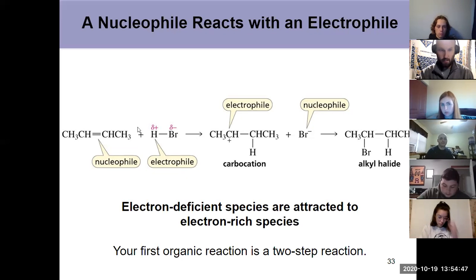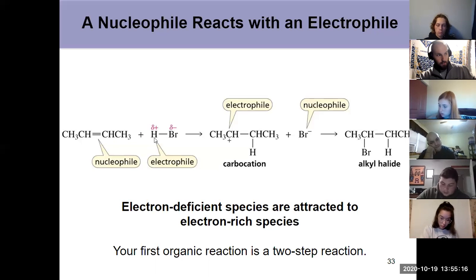Let's think about everything we just learned. Alkenes have a pi bond. Pi bonds are nucleophiles. HBr here, hydrogen has a delta positive. That partial positive allows it to act as an electrophile. So I have the 2 pieces I need. If you have 2 nucleophiles or 2 electrophiles in solution, they're not going to react with each other. But here I have a nucleophile and an electrophile.